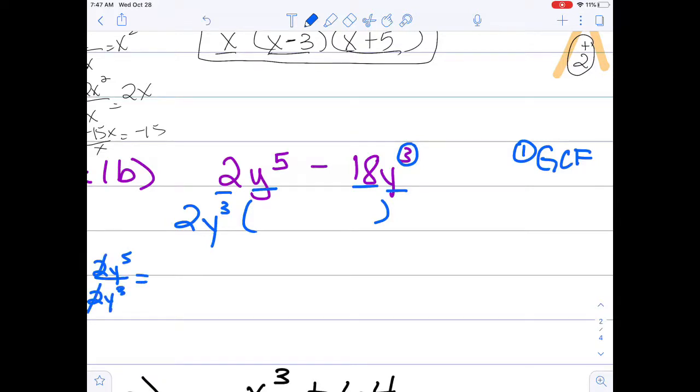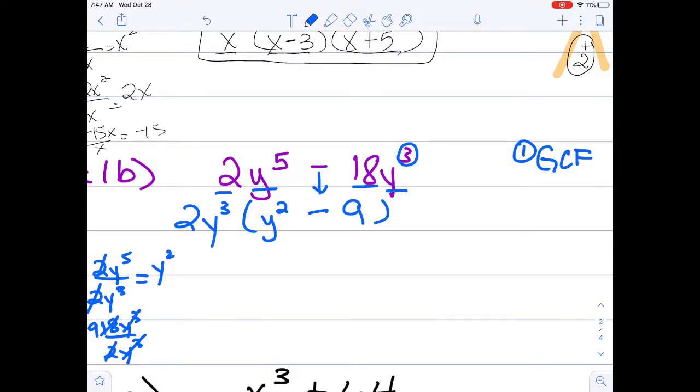And remember by our power properties that when we have a quotient of powers, we're really subtracting them. This becomes y to the 2. So we leave this here, bring down the minus sign. And then we have to figure out 18y cubed divided by 2y cubed. The 18 and the 2 reduce to 9, and the y cubed cancel. So this is just 9.